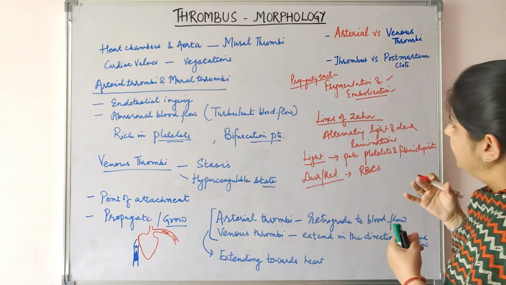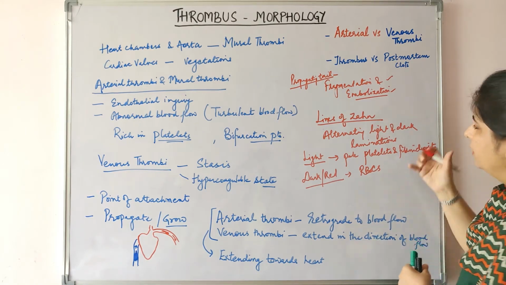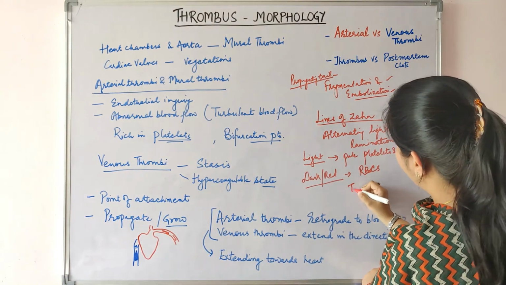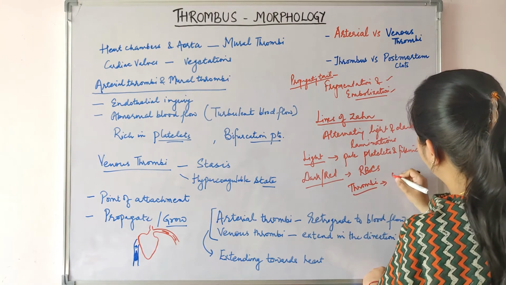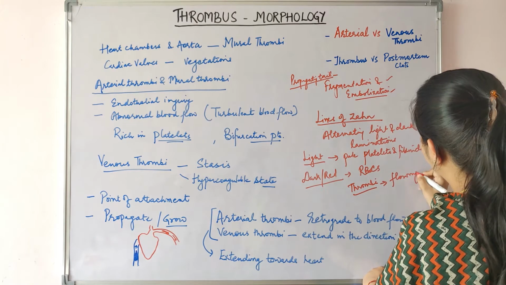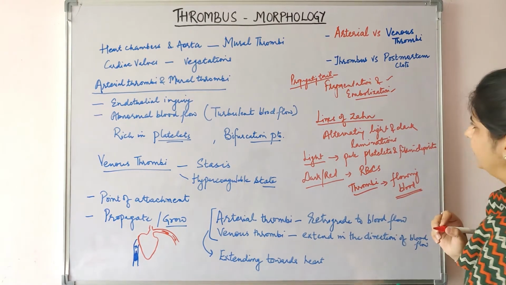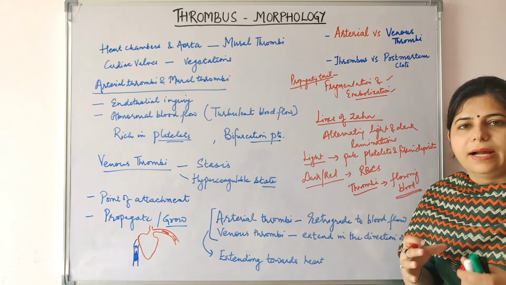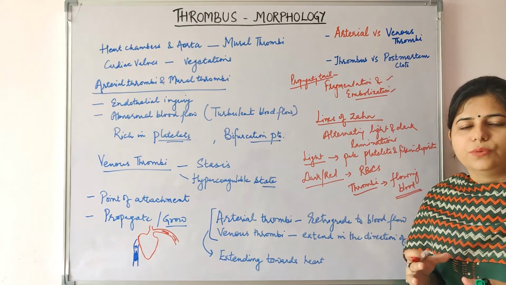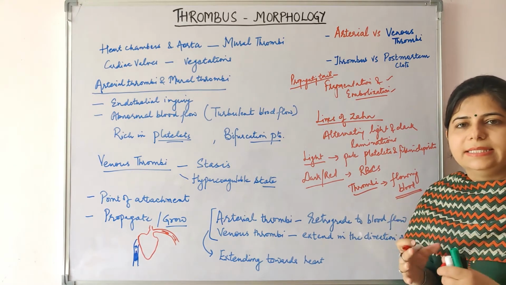Now what do these lines of Zahn indicate? They indicate that the thrombus has formed in flowing blood, and these lines of Zahn are prominent in arterial thrombi as compared to venous thrombi, and in post-mortem clots these are absent.